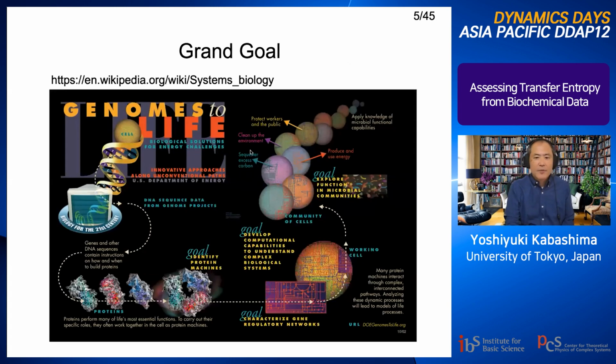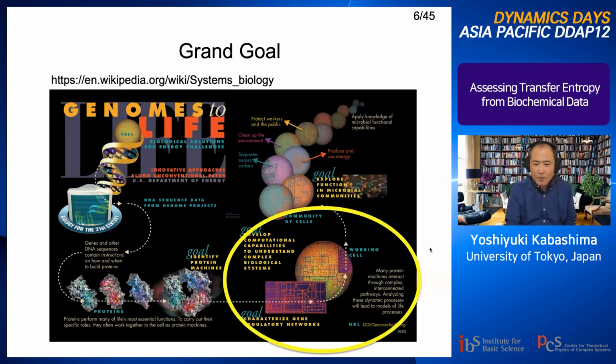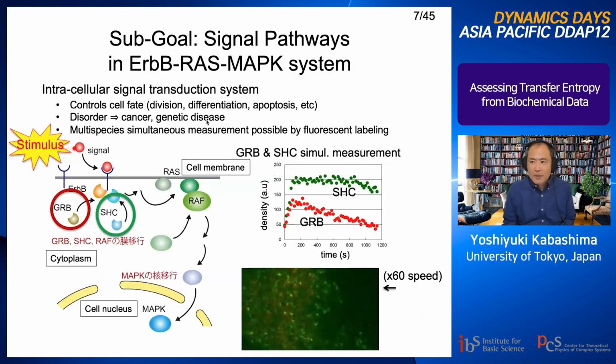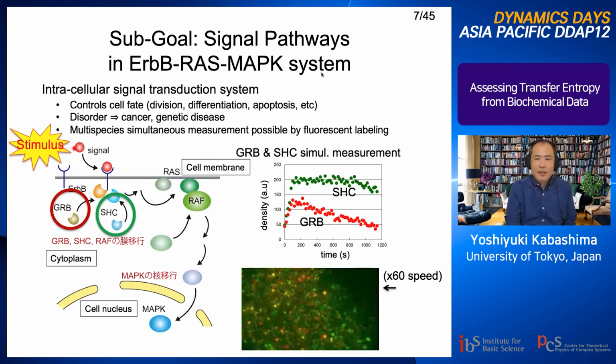So this figure shows the concept of systems biology. We want to understand biological organisms from genome to life. But this is a very challenging problem, so it takes a long time. So we here focus around here. The sub-goal of this talk is signal pathways in the ERBB-RAS-MAPK system.